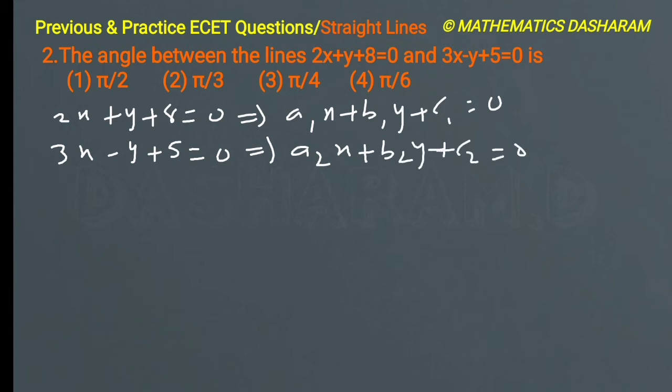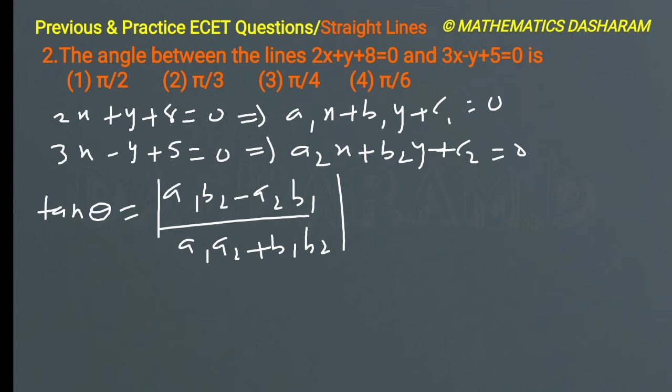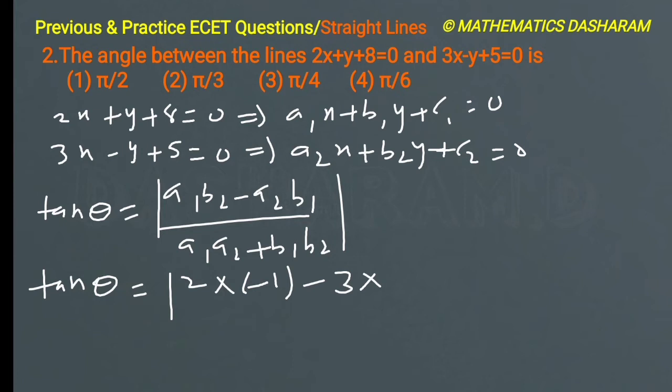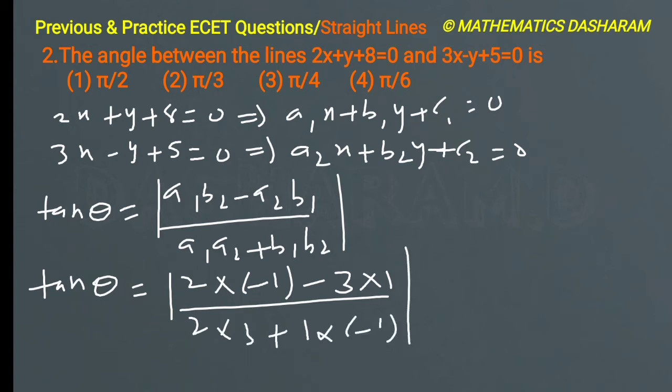So then the suitable formula is tan theta equals a1 b2 minus a2 b1 divided by a1 a2 plus b1 b2. a1 means x coefficient 2, b2 means y coefficient minus 1, a2 means x coefficient 3, b1 means y coefficient 1, divided by a1 2 into 3 plus b1 1 into minus 1.